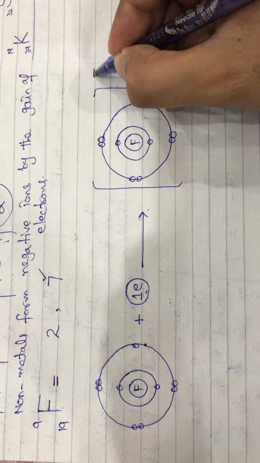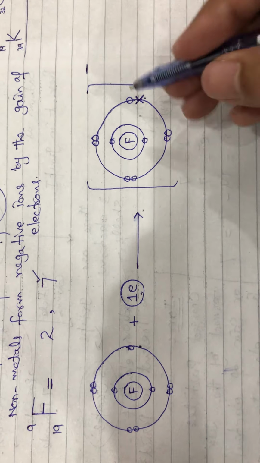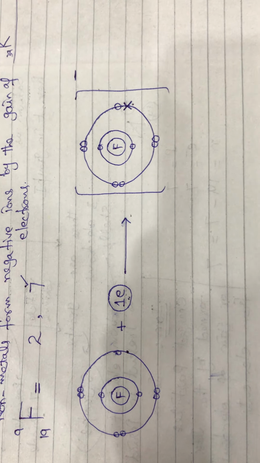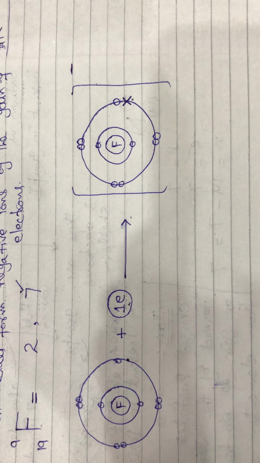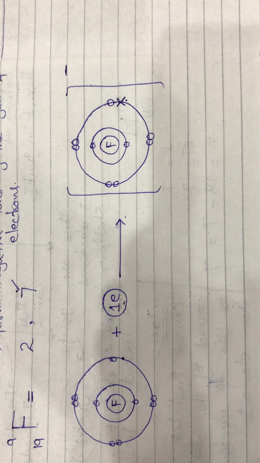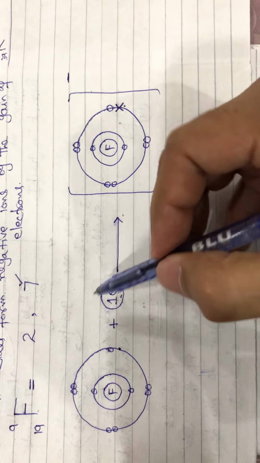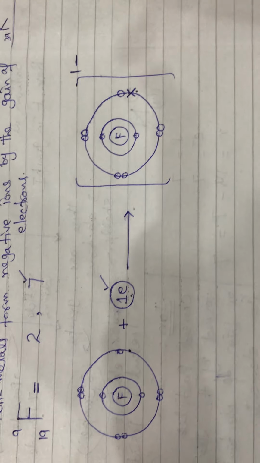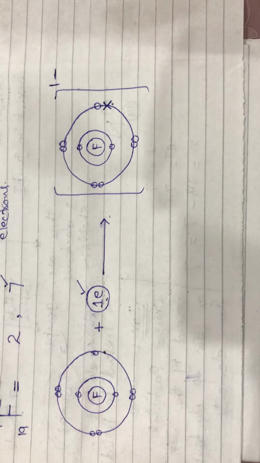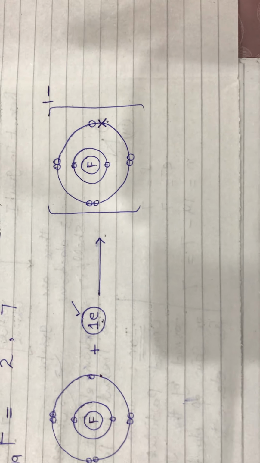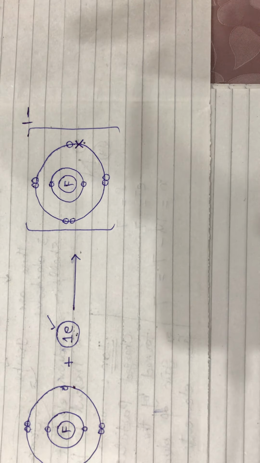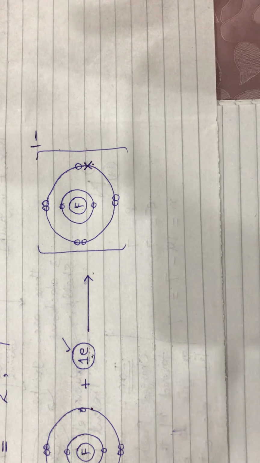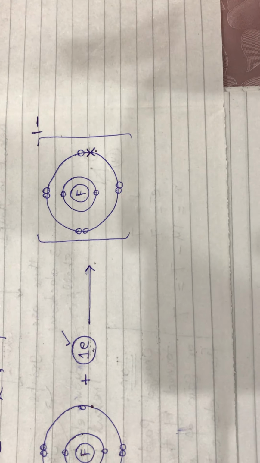So it will form a negative ion. What would be the charge on this negative ion? It has gained 1 electron, so the charge will be 1 negative. If it has gained 2 electrons, the charge will be 2 negative. And if an element gains 3 electrons, the charge on it will be 3 negative.